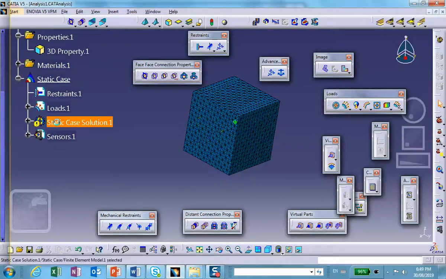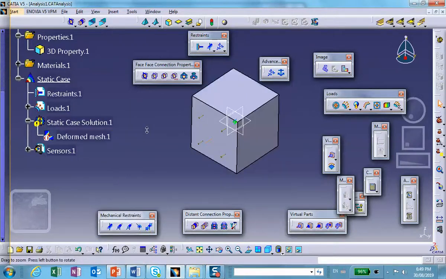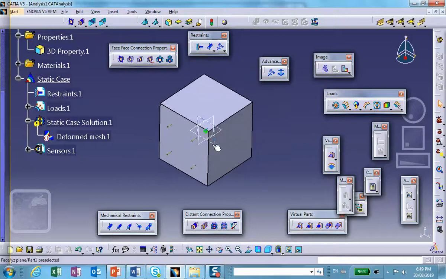All right, so let me deactivate this. The question becomes: what if I use the 1, 2, 3 rule? What if I use the isostatic restraint rule? What does that mean?